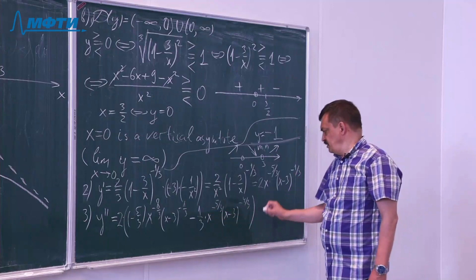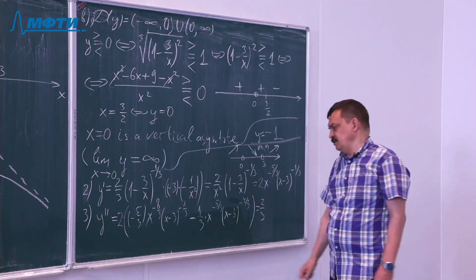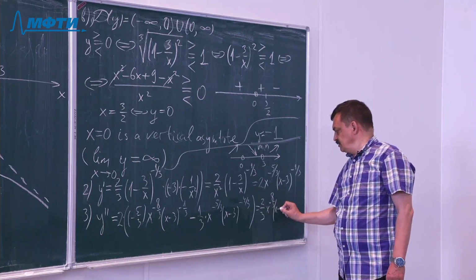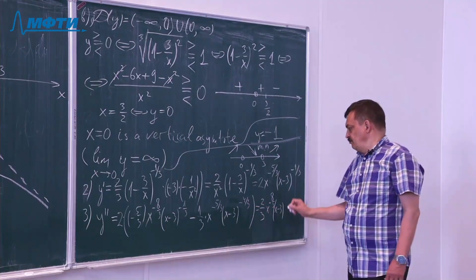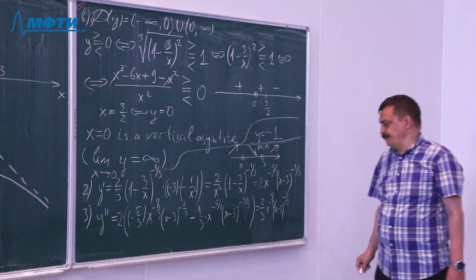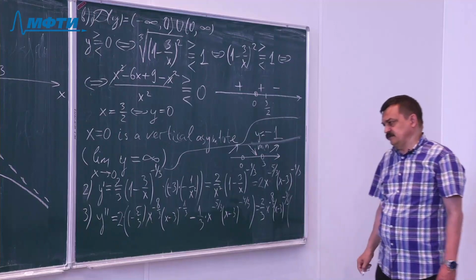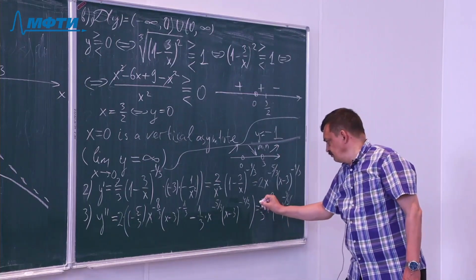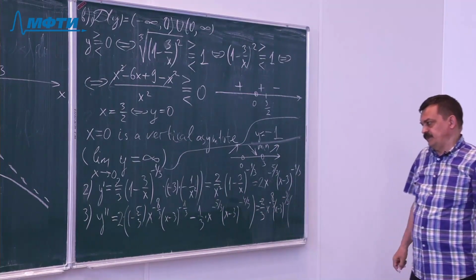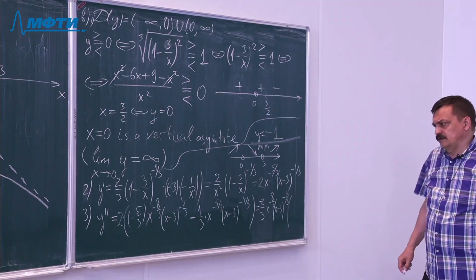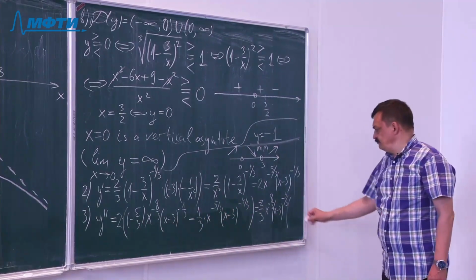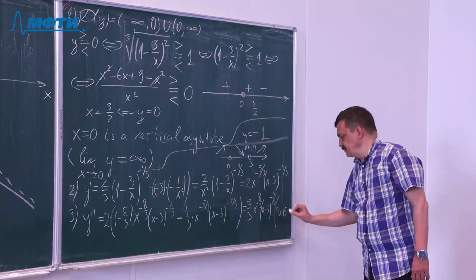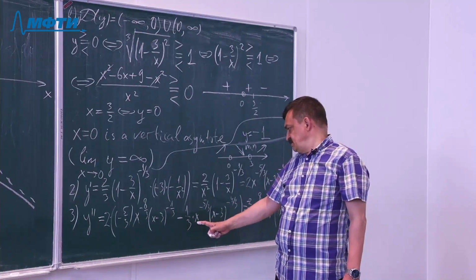Okay, 1 over 3 first of all, 2 over 3, x power minus 8 over 3, also x minus 3 power minus 4 over 3. And in brackets, we have minus 2 here, and so 5 times x minus 3, 5x minus 15, plus x.